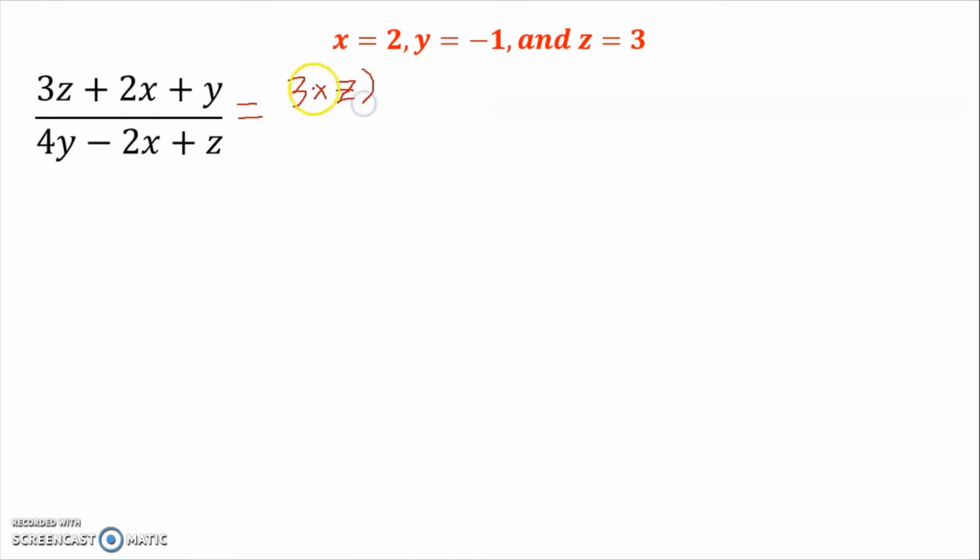We put that in brackets, plus 2x, which is the same as 2 multiplied by x. What we're doing here is expanding the expression. Plus y, we just carry over the y because it cannot be expanded. We put all that over 4y, which is the same as 4 multiplied by y.